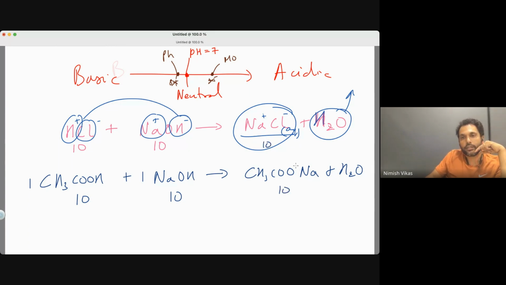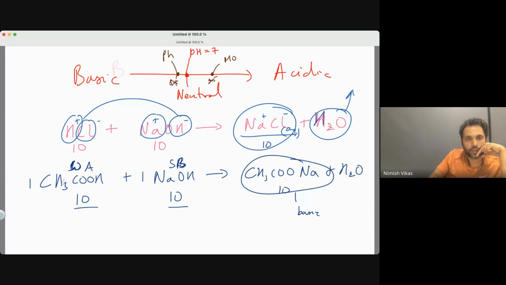But the point is, with 10 acids neutralizing this, what is formed is actually still basic in nature, because this was a strong base and this was a weak acid. So if you take equal amounts of weak acid and strong base, the solution is still basic.